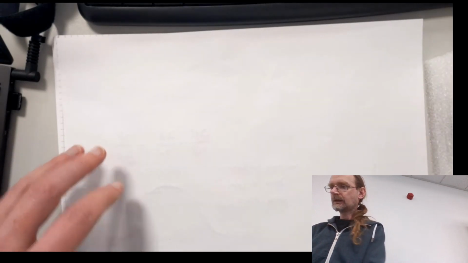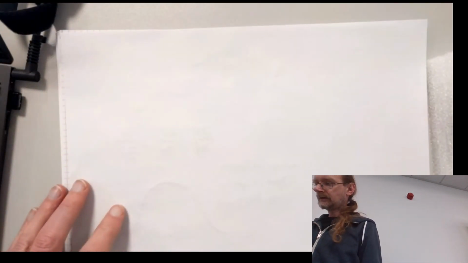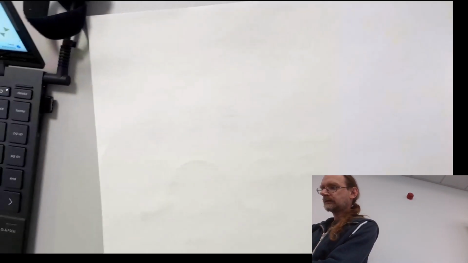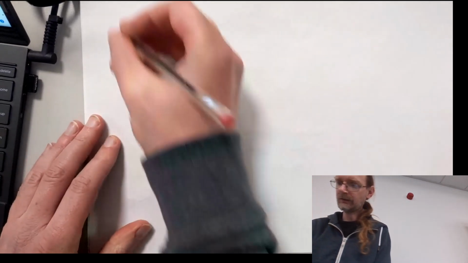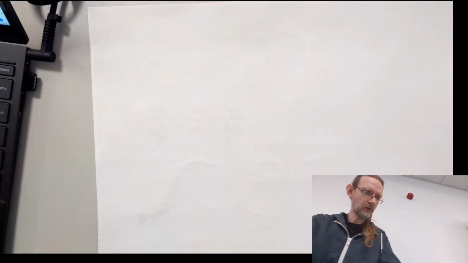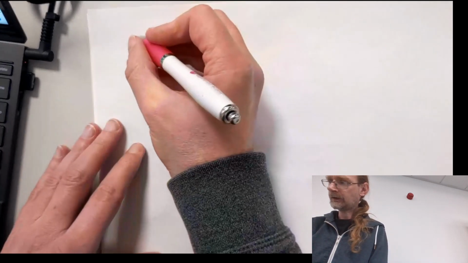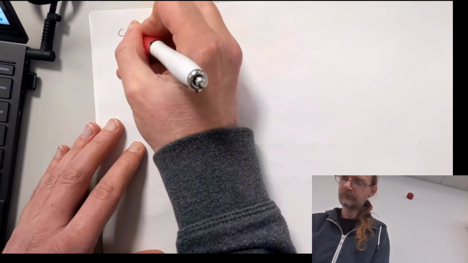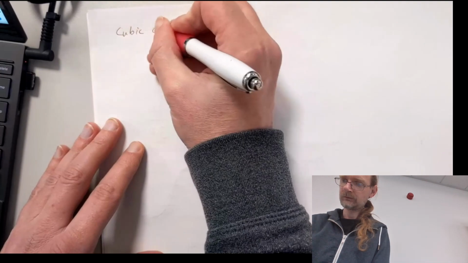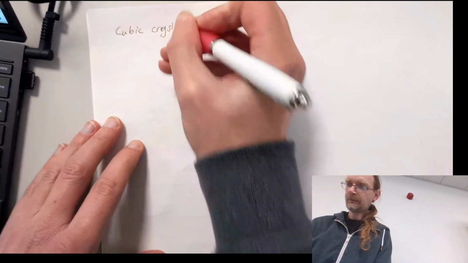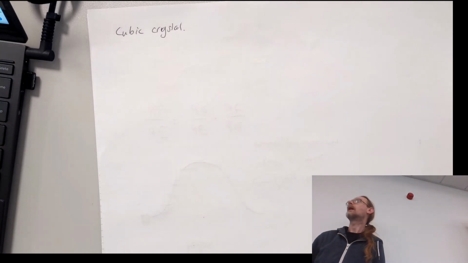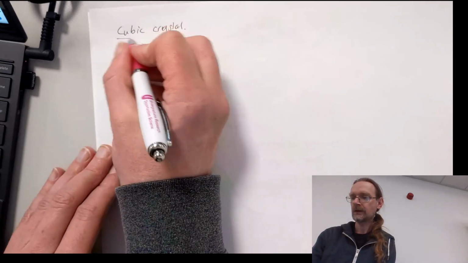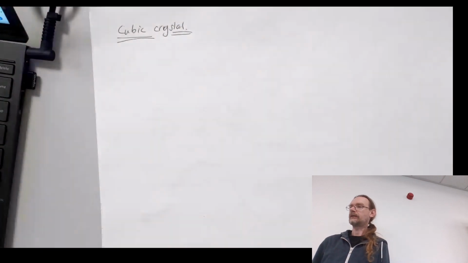Right, so all of this is for a cubic crystal. This fitting process gets quite a lot harder for a non-cubic crystal, so we're just going to do it for a cubic crystal.